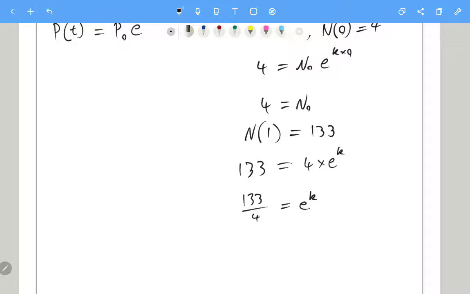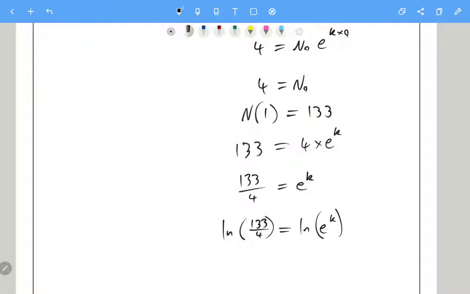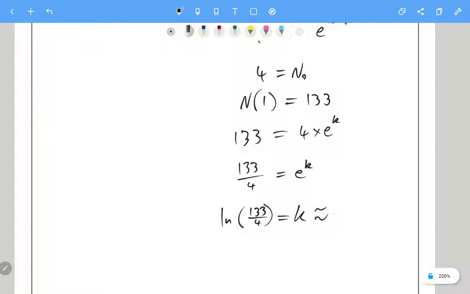And to solve this, we're just going to take the natural log of both sides. The log of e to the k is just k. These cancel out. And so then we can work out that k is approximately equal to 3.504.